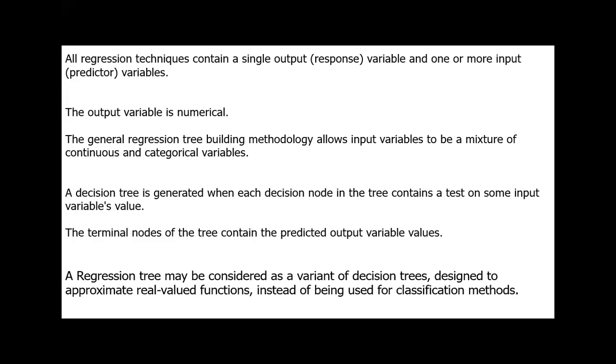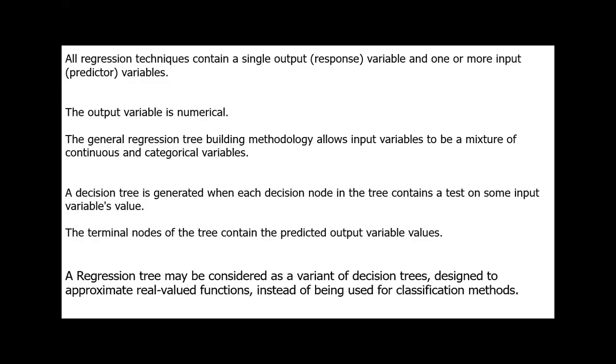Numerical means it gives you a result, like 100, 200, 300, 150. If you say yes or no, that is categorical. If you say true or false, that is categorical. Numerical means it gives you some value, some output.